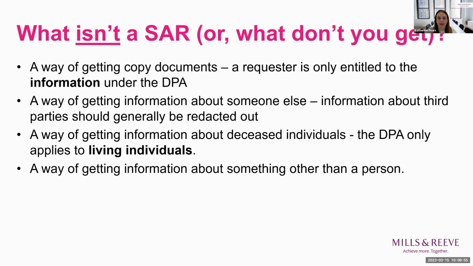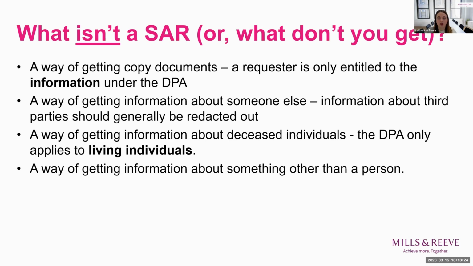To be clear, a DSAR is not a mechanism to get copy documents. A requester is only entitled to the information under the Data Protection Act, not the document that it is contained within. In practical terms, this may not make much of a difference, but sometimes it does. It is also not a mechanism to get information about somebody else. Information about third parties should generally be redacted. Nor is it a way to get information about deceased individuals.